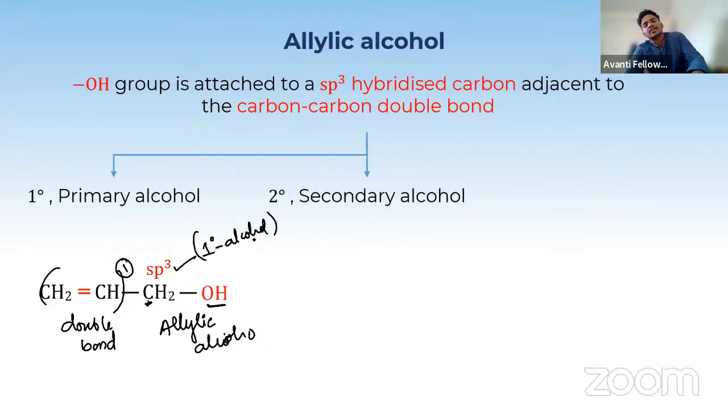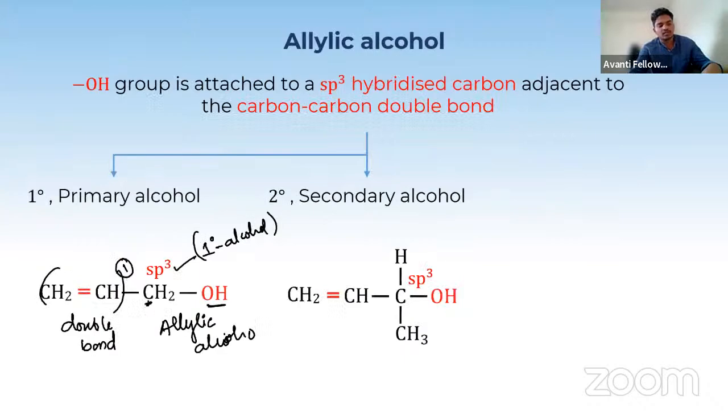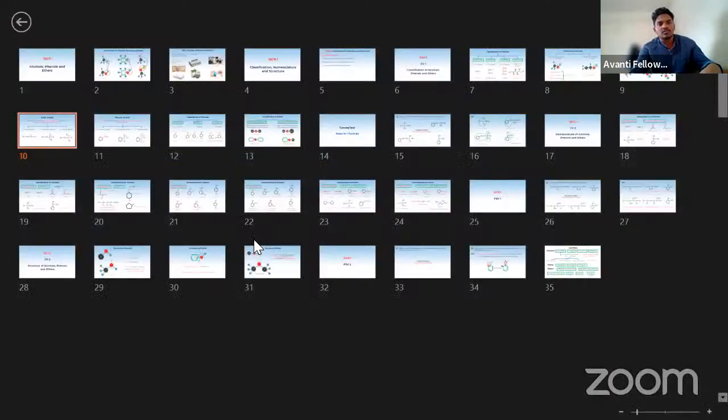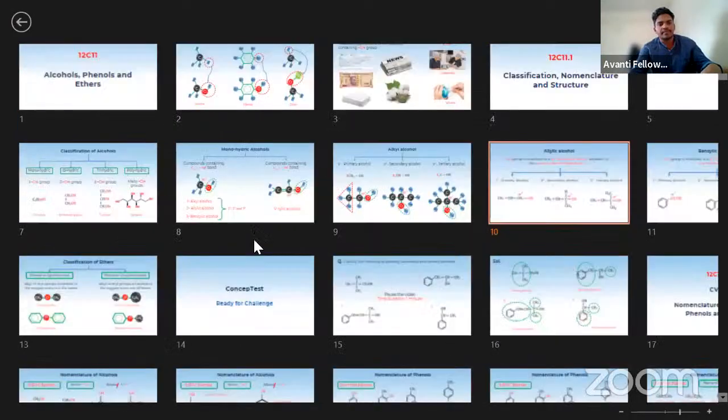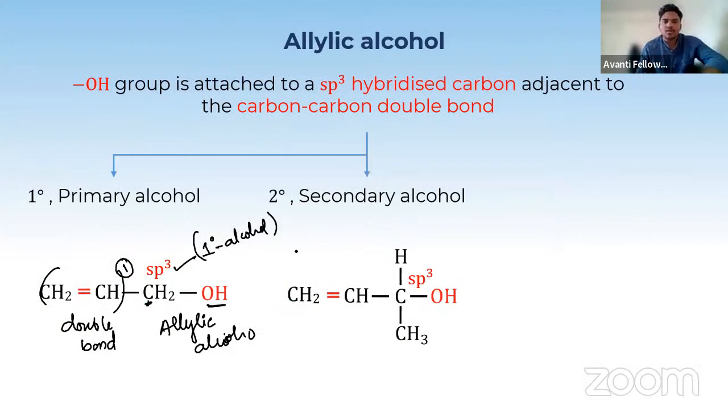And in allylic secondary alcohol, how will it be? Same. Replace one hydrogen with one methyl group, then this will become secondary.